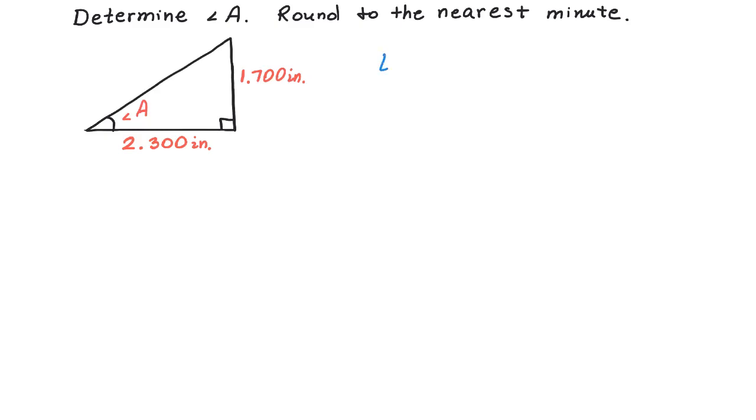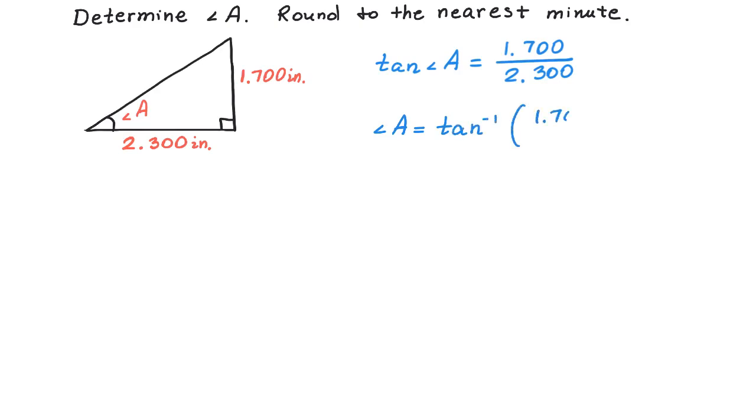So we can say that tangent of angle A equals the opposite side, which is 1.700, divided by the adjacent side, which is 2.300. Let's solve this for angle A. So angle A equals tangent inverse of 1.700 divided by 2.300.